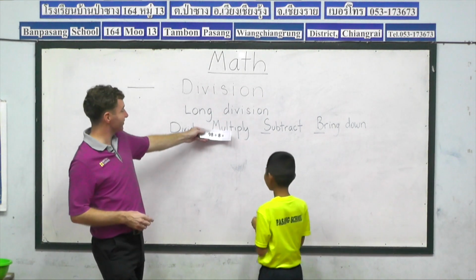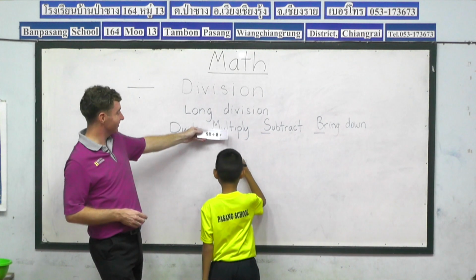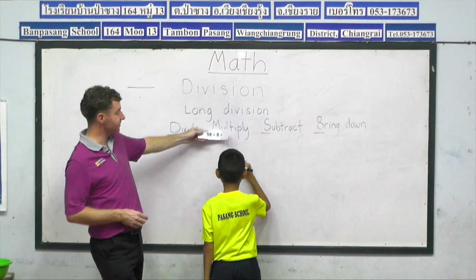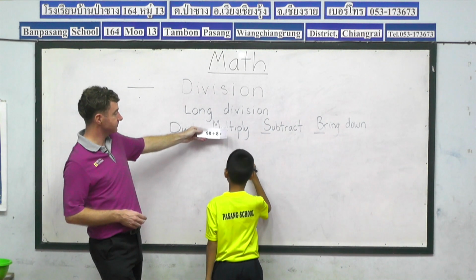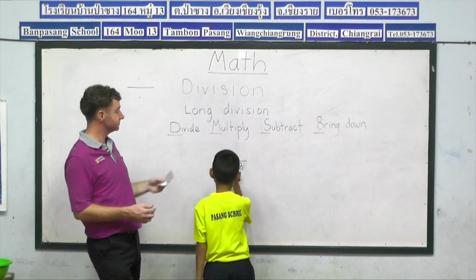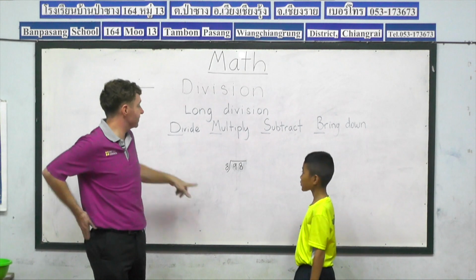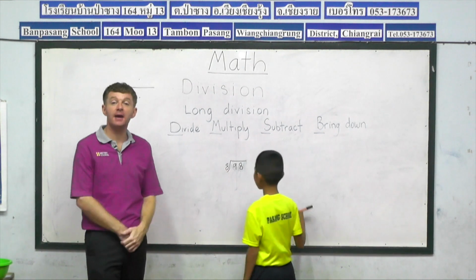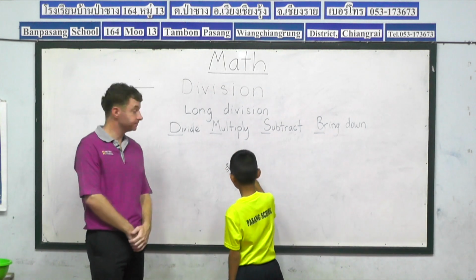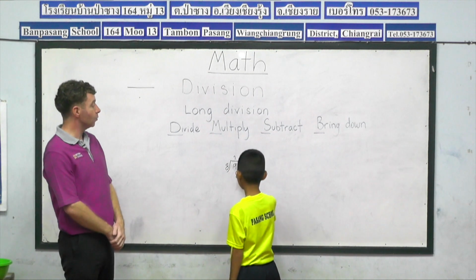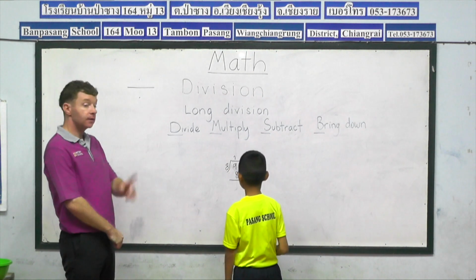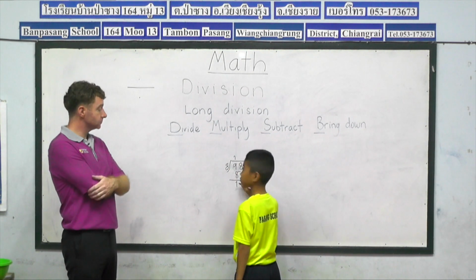So we're first of all organise to our table, 98 inside and 8 outside. Excellent. So step 1, divide. 9 divided by 8 equals 1. And then 1 times 8 equals 8. Now 9 minus 8 equals 1.